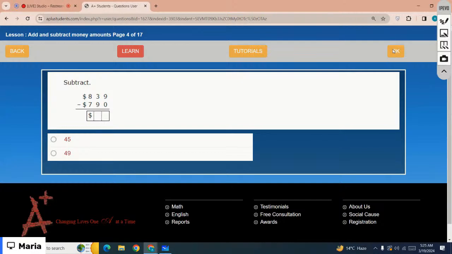The correct option is, yes, that is $49. Very good. Option number 2 is the correct option.